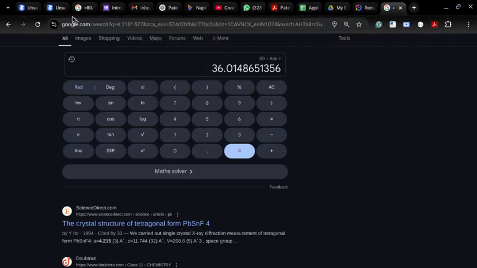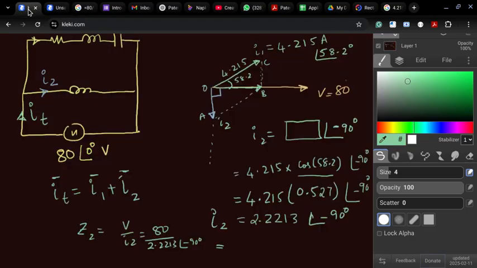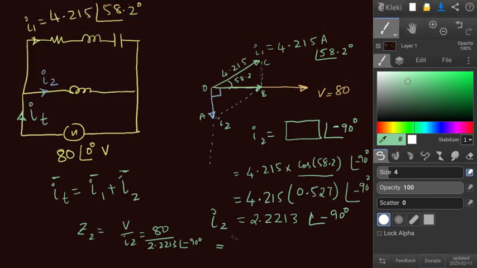I'll round it off to 36. So this is j36 ohms. This 36 ohms has to be converted back into an inductance value.